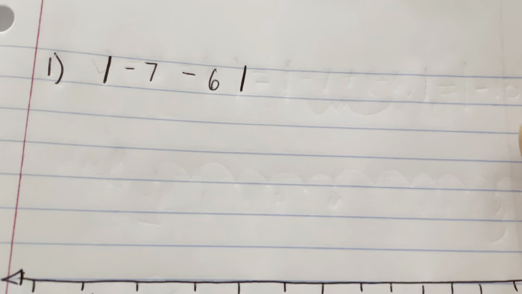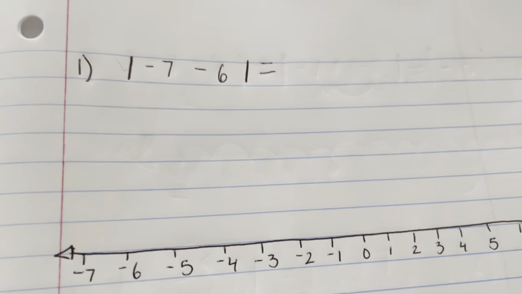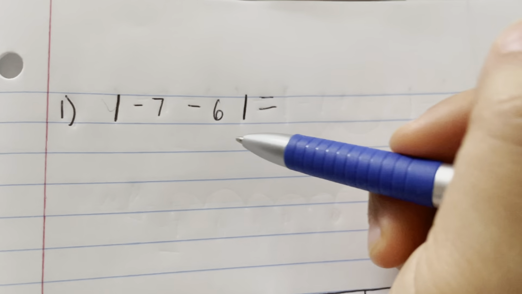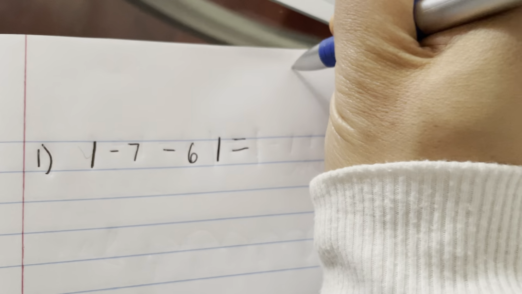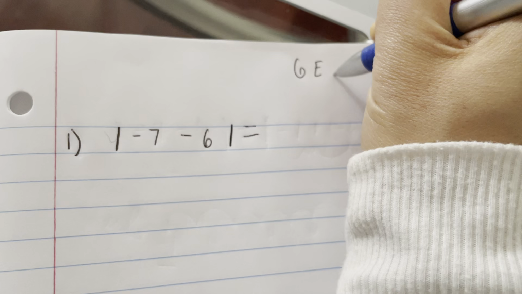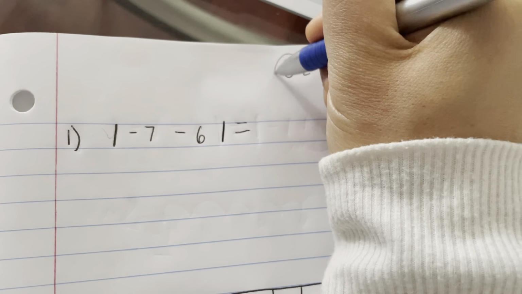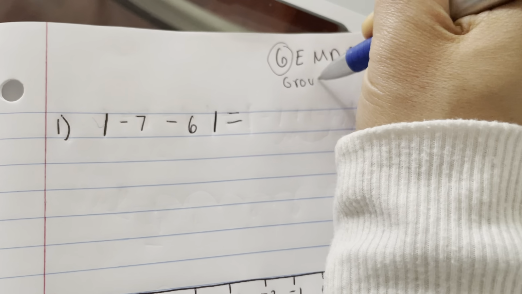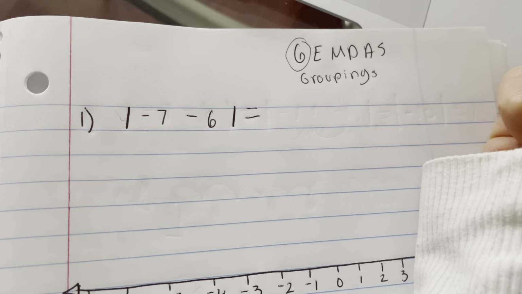Okay, so we know that we have -7 minus 6, and a lot of us made a mistake here. The first thing I want to say is, remember I told you guys yesterday, because of PEMDAS, it's actually supposed to be GEMDAS. Instead of a P, it should be a G. And the G stands for groupings, which means it could be parentheses, brackets, or absolute value.